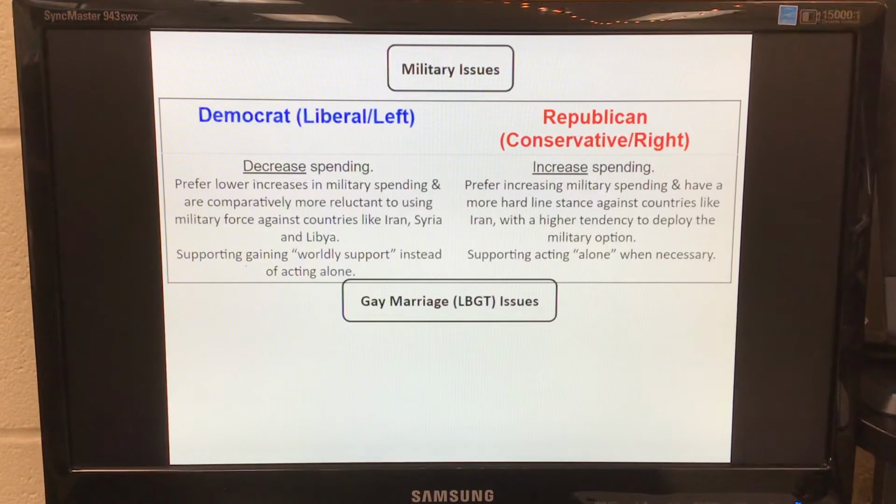They're gonna spend some on the military, but they think we could allocate some of those funds to other things, and that we need to rely on other countries and their militaries to help out. So if we're gonna use our military, we're gonna also have the support of other countries, then we don't need quite as big of a military. Does that make sense?